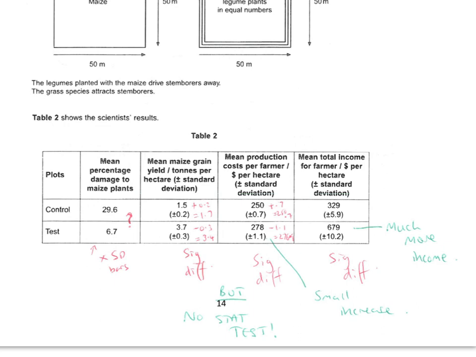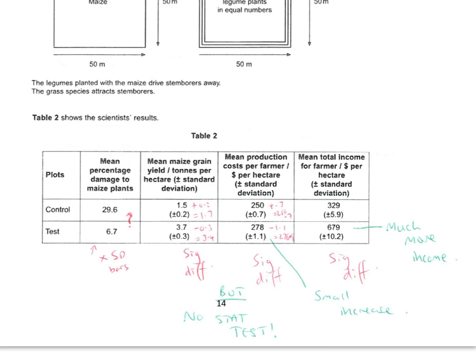So if they had to evaluate, should you use this push-pull stimuli, which we've got in the test, compared to the control, you can use what we've said already. So the idea that there is no overlap in standard deviations, and some good points here that there is less damage to maize plants and there is an increase in yield.